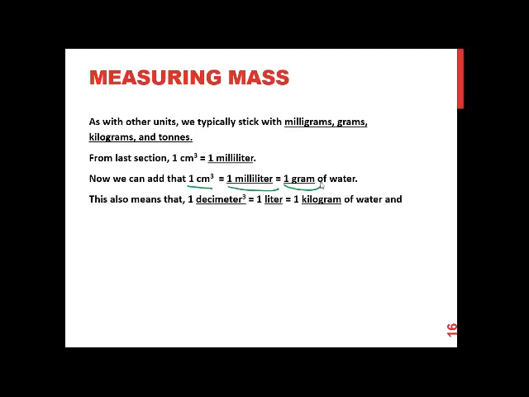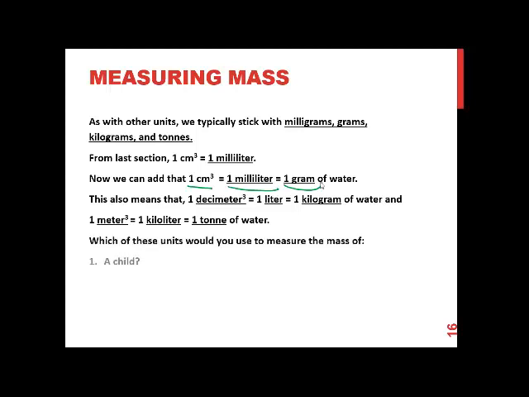Now this also means that a cubic decimeter, 1,000 times the centimeter cubed, is 1,000 milliliters, which would be 1 liter. And that's 1,000 grams, so that would be 1 kilogram. And if you wanted to go again, a cubic meter is going to be 1,000 liters, or a ton of water.